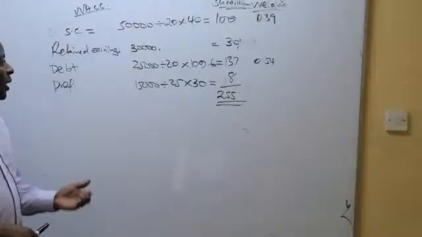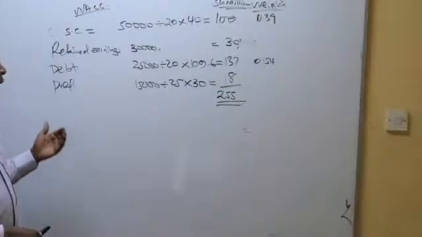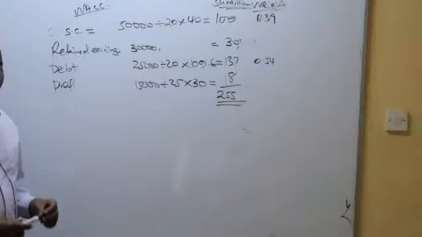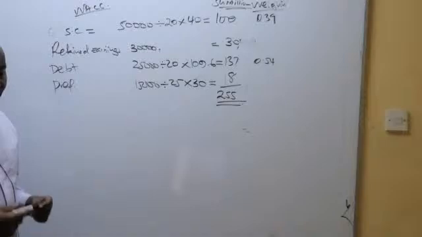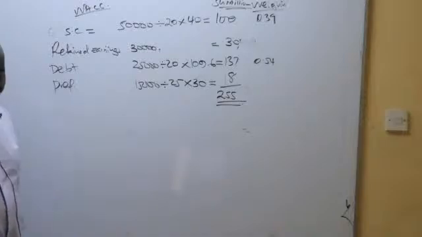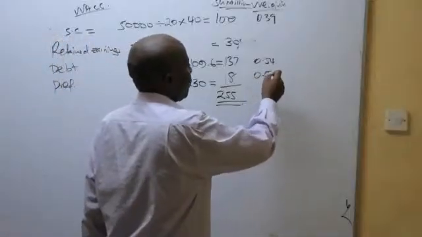So I'm now waiting for you to give me a figure for retained earnings and a figure for preference. Preference, I'm being given 0.07.